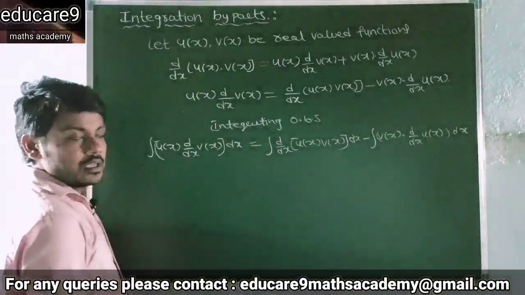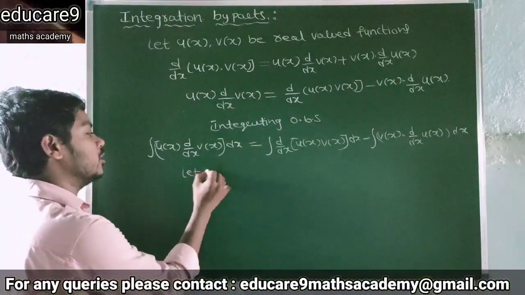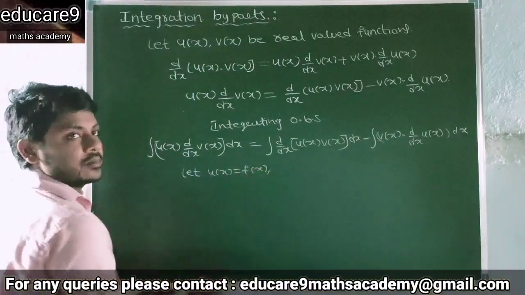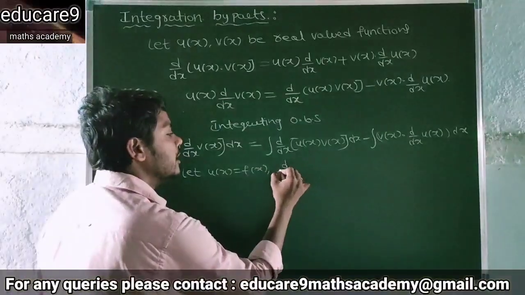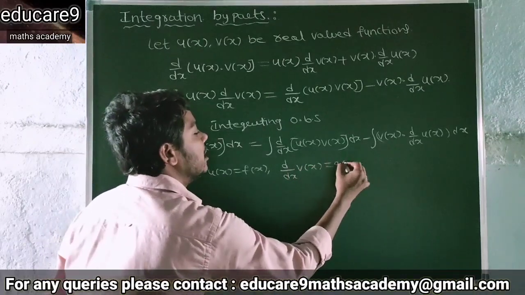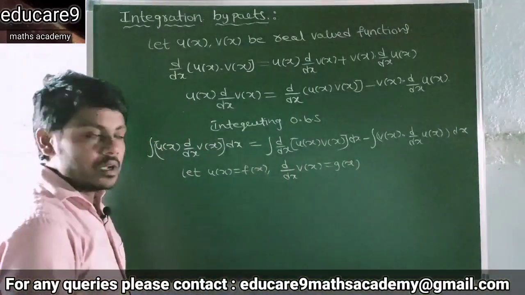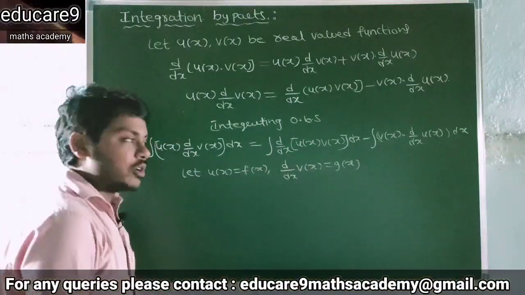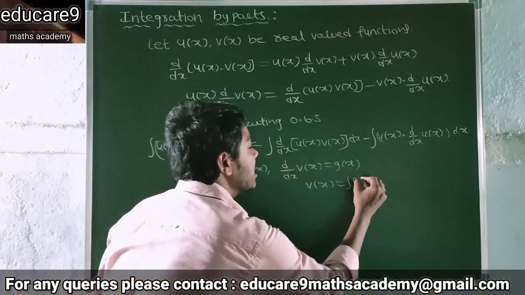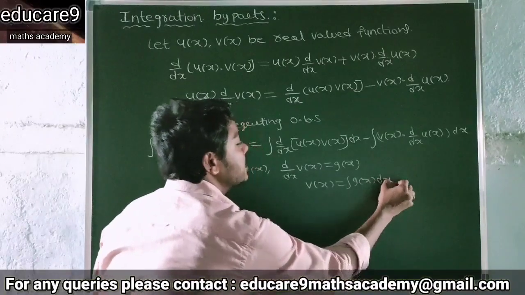Now let u of x be equal to some f of x and d by dx of v of x be equal to g of x. Integrating on both sides, v of x is equal to integration of g of x dx.